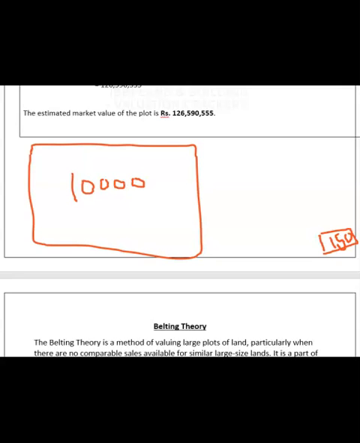Then how do you calculate the market value of this large size plot? This is inside the city.